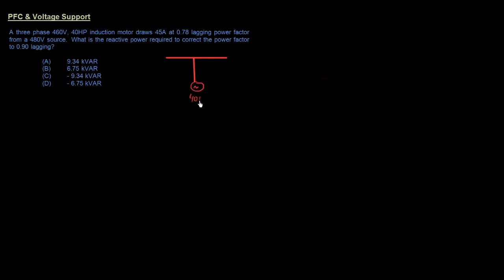This is our 40 horsepower motor. The system values we've been given: it's a 480 volt system, it is currently drawing 45 amps, and the existing power factor is 0.78 lag. Now what you see here is the nameplate information for the motor, given as 460 volts and 40 horsepower.